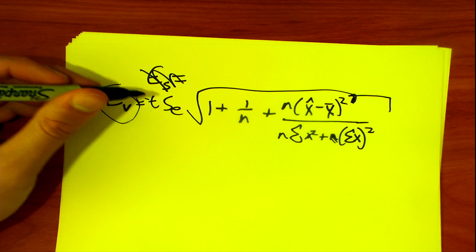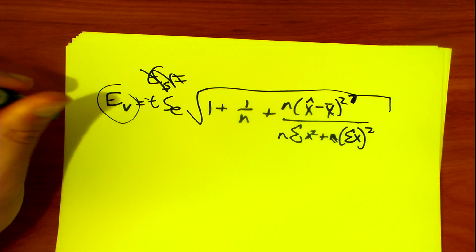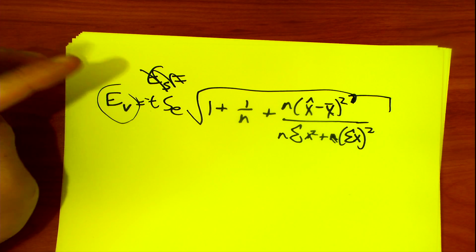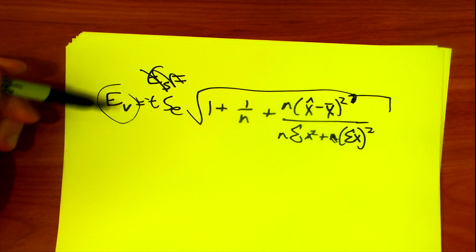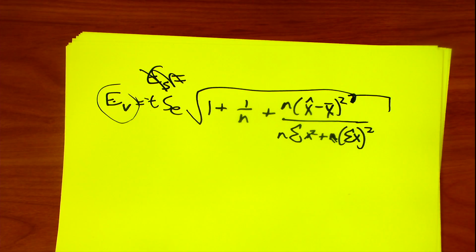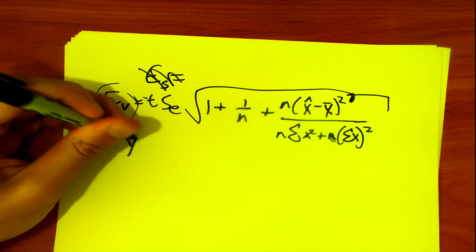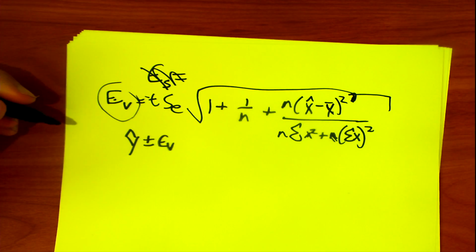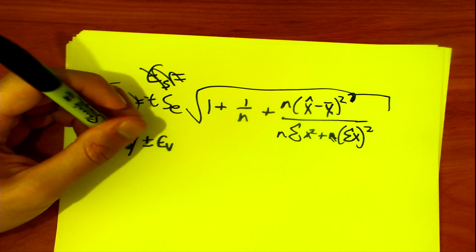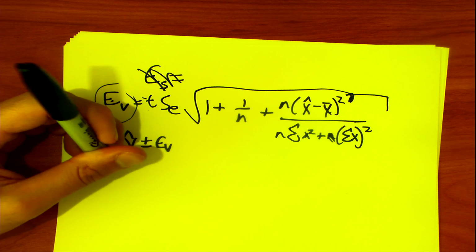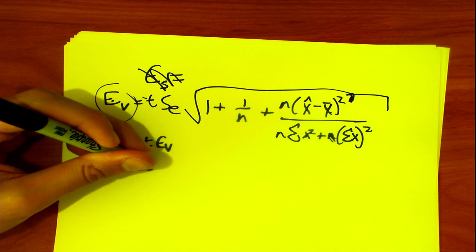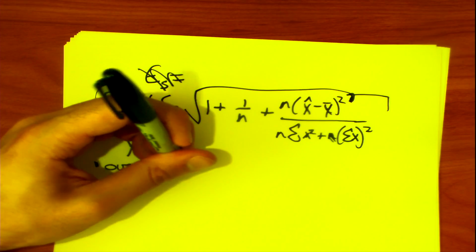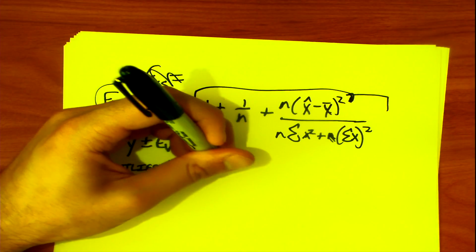Statistically speaking, we can think of things outside of those confidence bands, outside of that y hat plus or minus EV area, as being outliers.